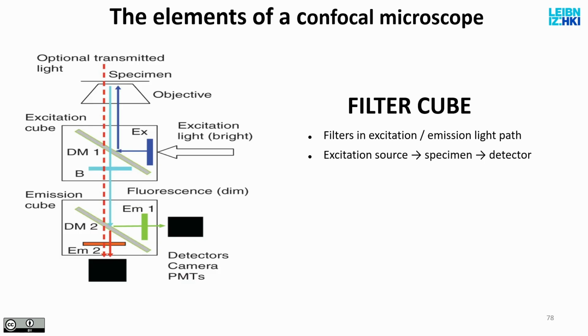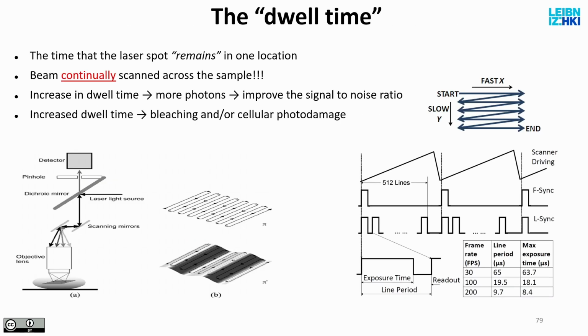Besides that, it has to have the fluorescent cubes, just like we already know from wide field microscopy. There's absolutely nothing new here, except that the filters have to be strong enough to tolerate laser excitation if you're using lasers.